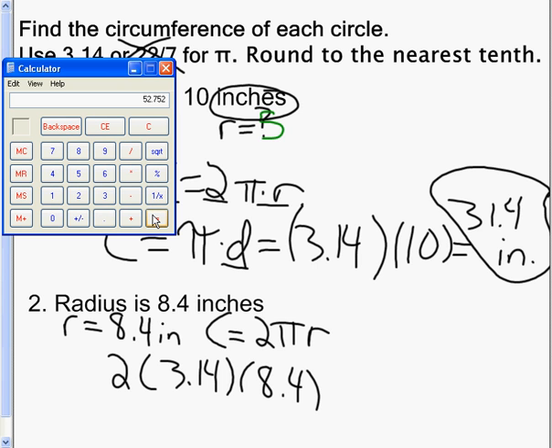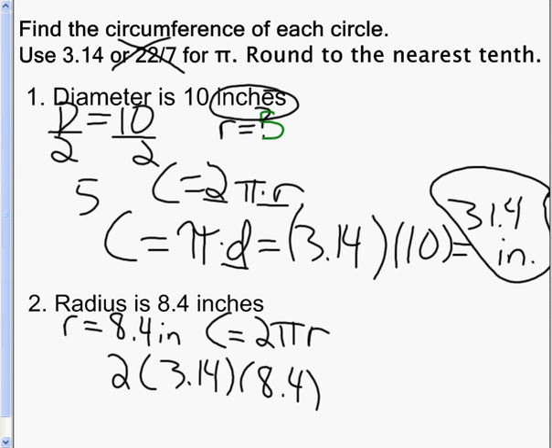You get 52.725. However, it does ask up top that we round to the nearest tenth. So tenth means we have to look at our hundredth. 2, it means we're going to round down. So we stay at 52.7, and again we're at inches.